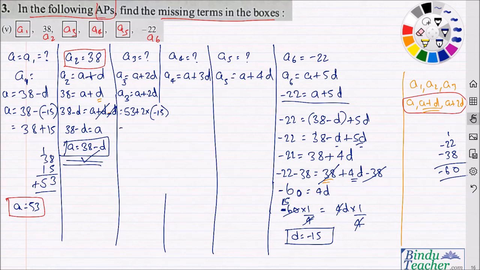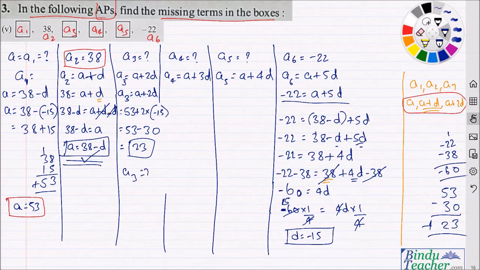Okay, let's continue. 53, 2 into 15 equal to 30, which is minus 30. So let's quickly subtract 53 minus 30. We get 23, which is plus 23. So the value of a3 is equal to 23.